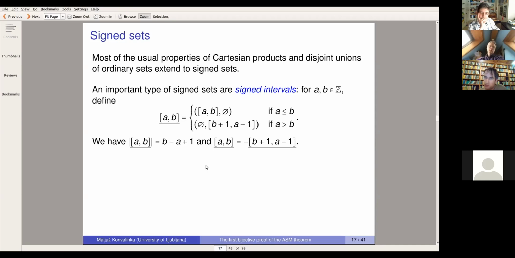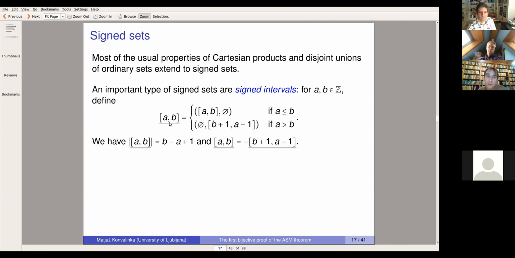I said we had to break down the proof into smaller chunks. So signed sets are built up of these building blocks, which are signed intervals. Everything that we're going to do will somehow involve signed intervals. So what is that? A signed interval means that you have a and b, which are integers, and it doesn't matter which one is bigger.